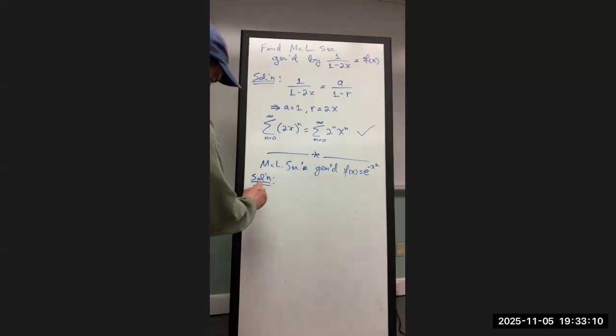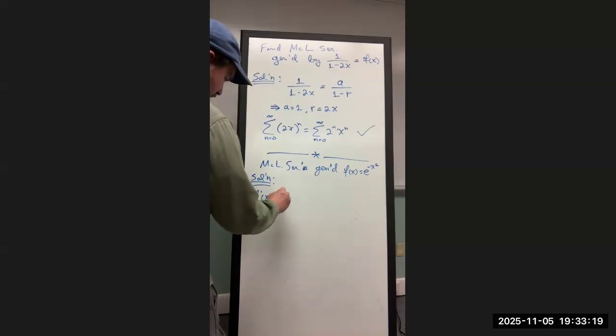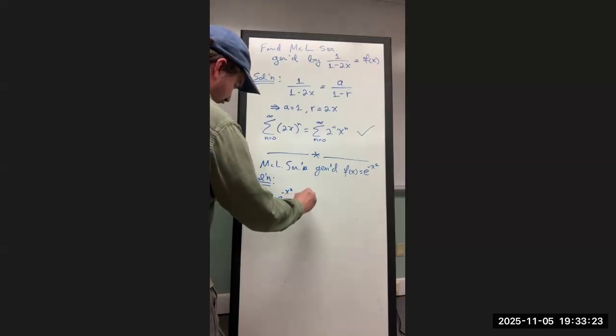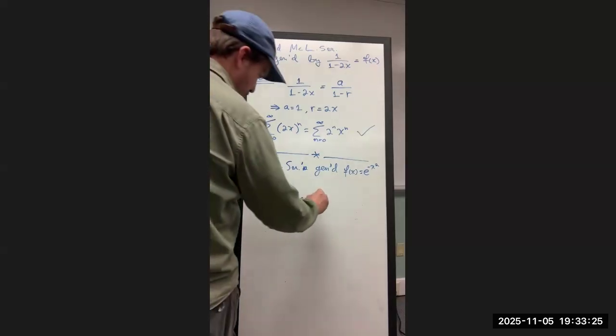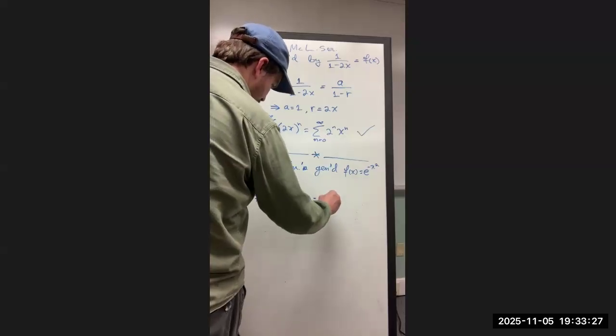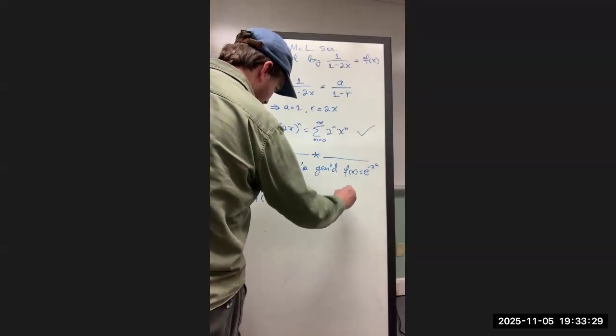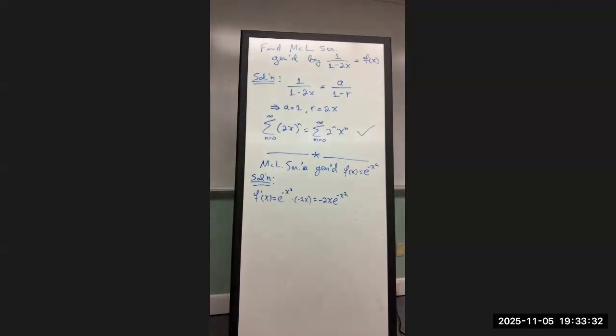So take the first derivative, and we get e to the negative x squared times negative 2x. So that's negative 2x e to the negative x squared. Take the next derivative.